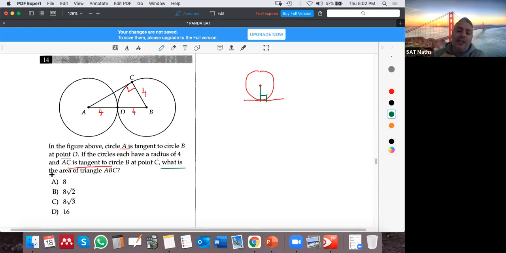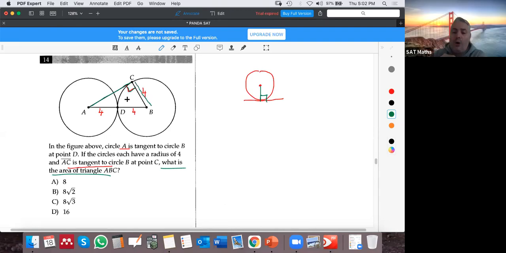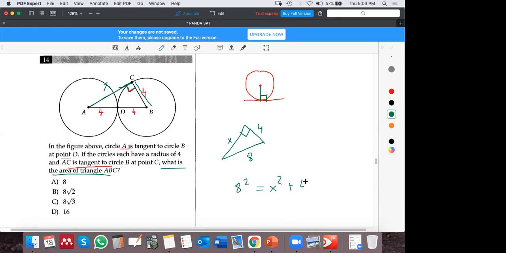Question, what is the area of the triangle? Base times altitude over 2. So I should find x, I should find this length. Pythagorean theorem, I think it helps us, right? What was the Pythagorean theorem? If I know this, how can I find x? 8 squared is equal to x squared plus 4 squared.